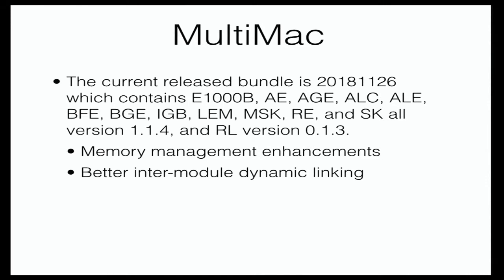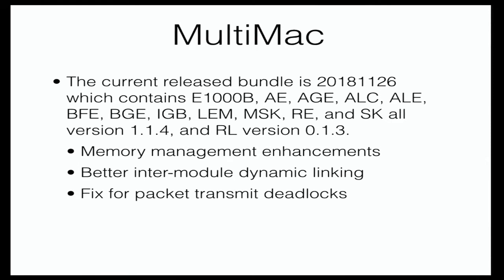I don't know if everybody knows, but Multimac is a combination of a FreeBSD driver, the actual source code taken right out of the FreeBSD sources, compiled on OS2, and then linked to a library that I developed, which produces a native OS2 driver. And this inter-module linking is what creates the links between the FreeBSD modules and the OS2 code.